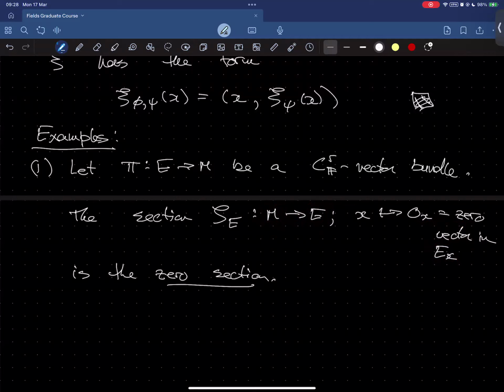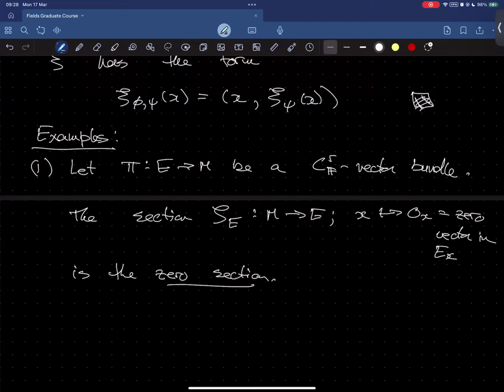Sometimes one calls the zero section the submanifold of E consisting of all of these points, which again is just the inclusion of M into E. Sometimes you think of it as a section, sometimes as a submanifold, sometimes as the inclusion map, but they're all the same thing.